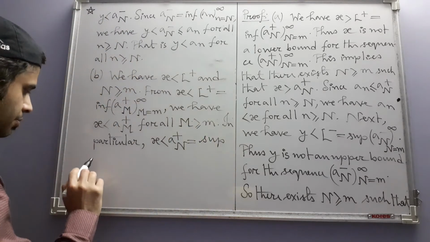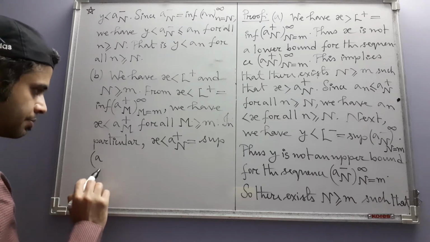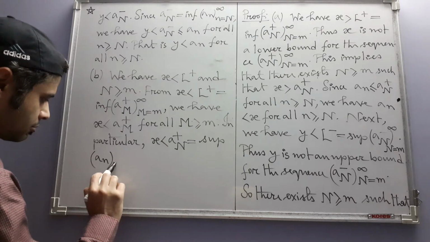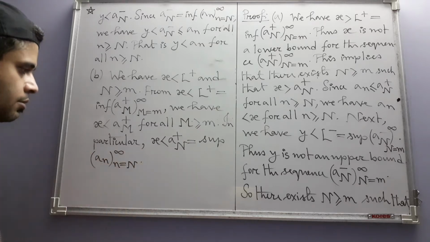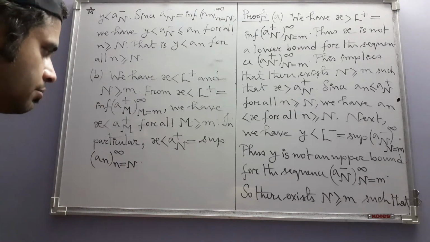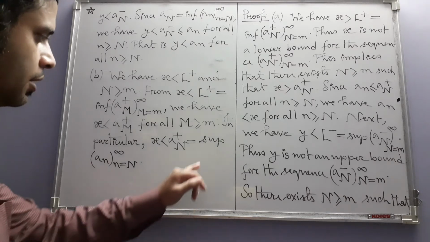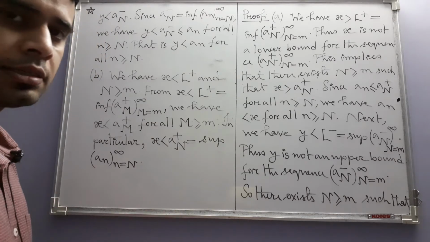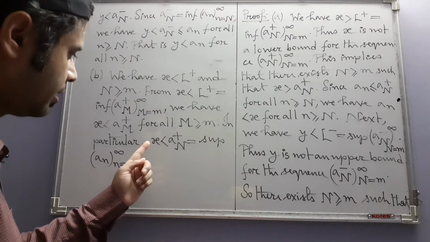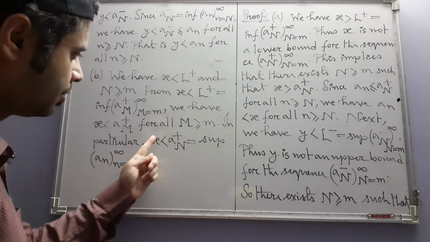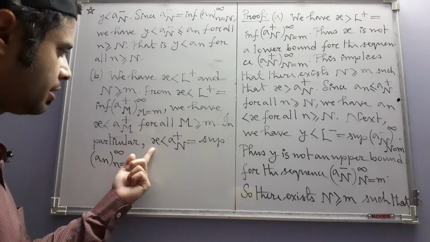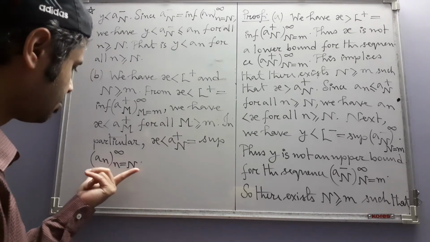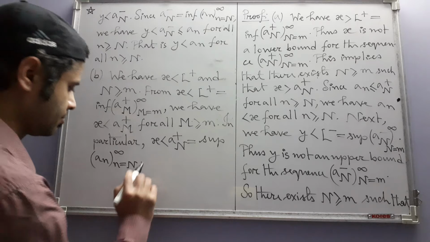It is the supremum of this sequence. Now supremum means least upper bound, and x is less than the least upper bound of this sequence. So that means x itself cannot be an upper bound of this.